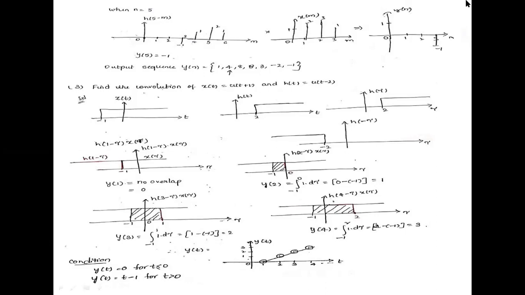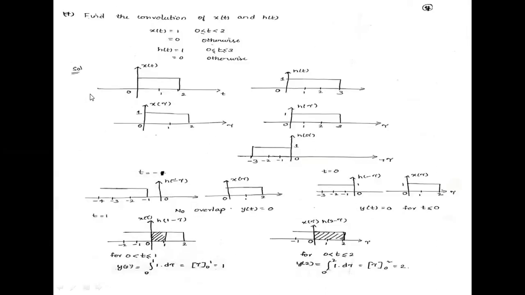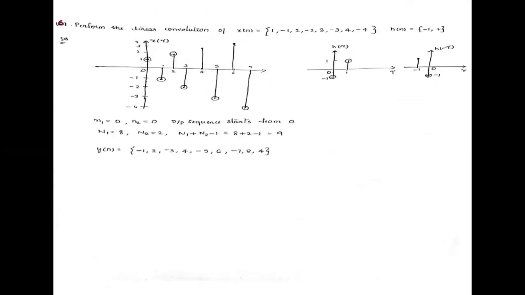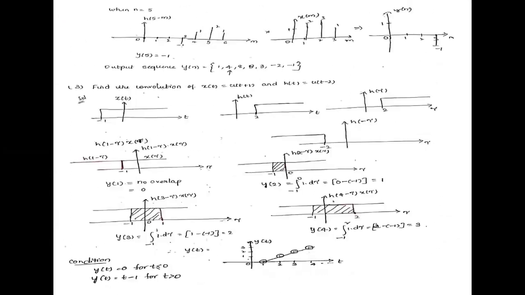Okay. Now, another example here to find the convolution. In the discrete case, that was 105 and 1, my dear students. Remaining all is continuous time only.